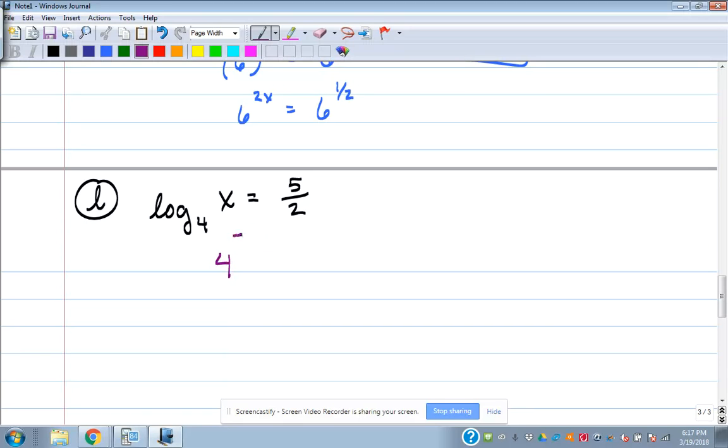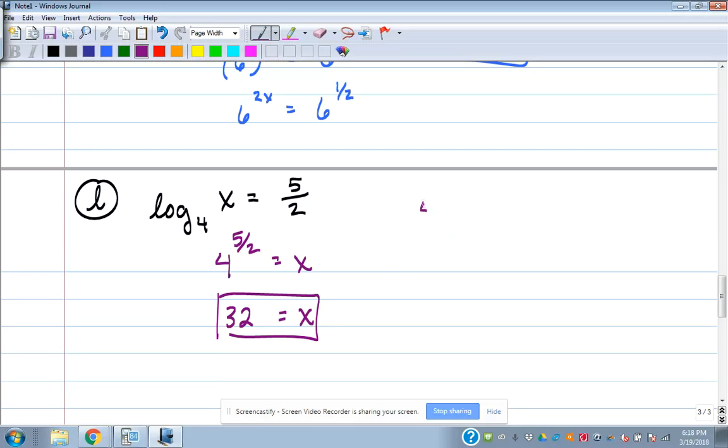Exponent, 5 over 2 equals x. X is already by itself, so all I have to do is work out this side. What's 4 to the 5 over 2 power? 32.